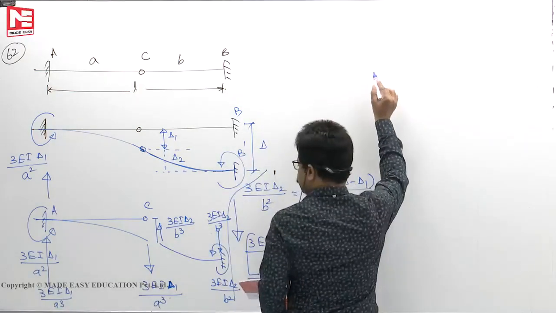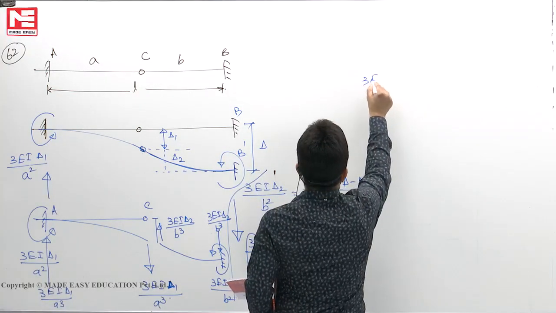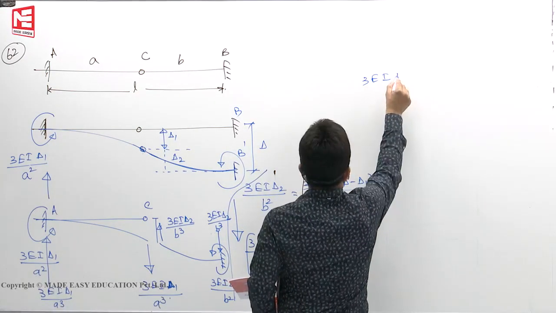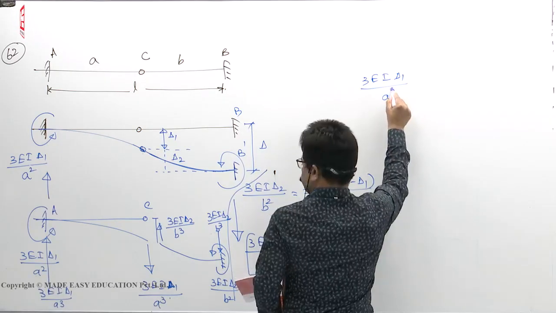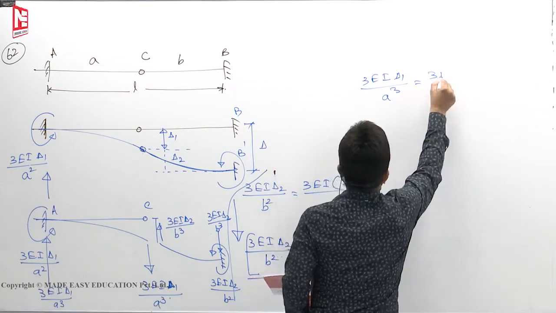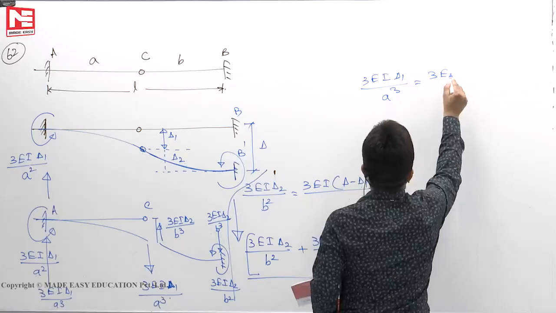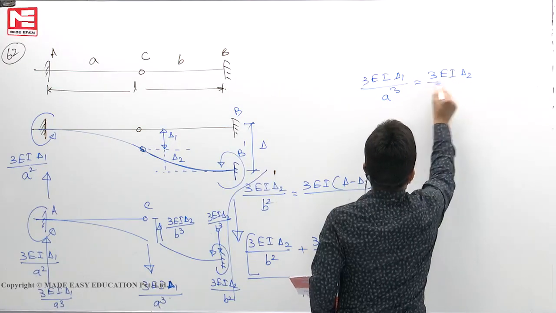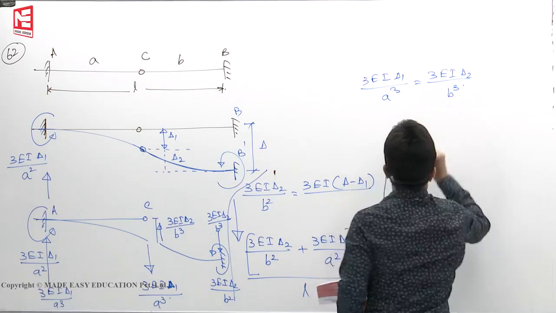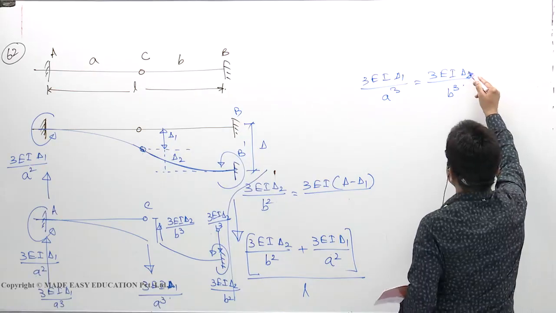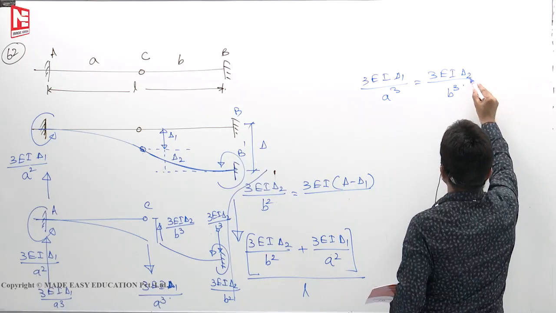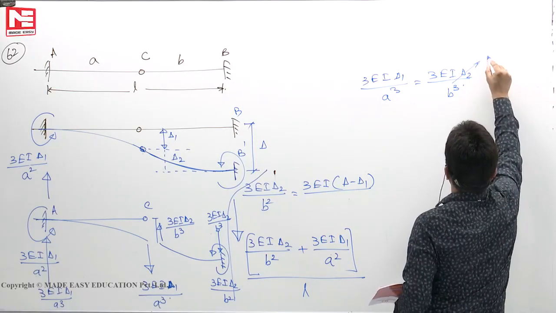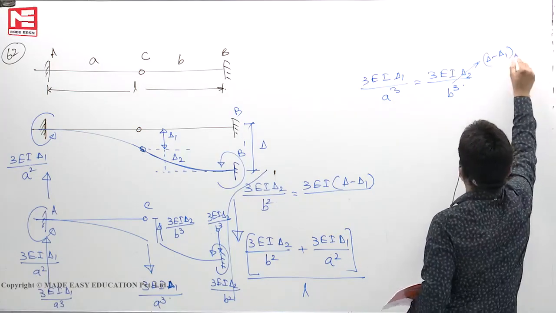So we can write 3EIδ1 by A cube must be equal to 3EIδ2 by B cube. Okay, this δ2 we can write as δ minus δ1.